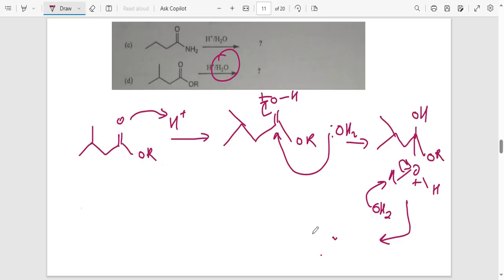The bond breaks off there. And then, what do you think is going to happen next? It's the same mechanism, we're just going through it again.